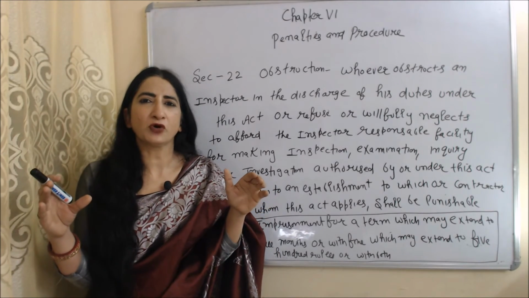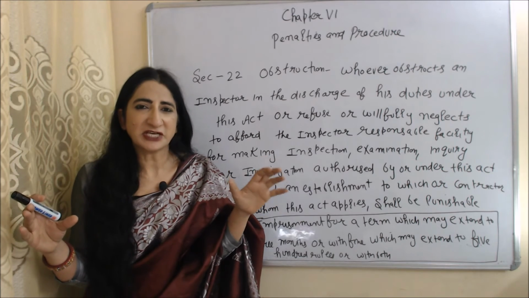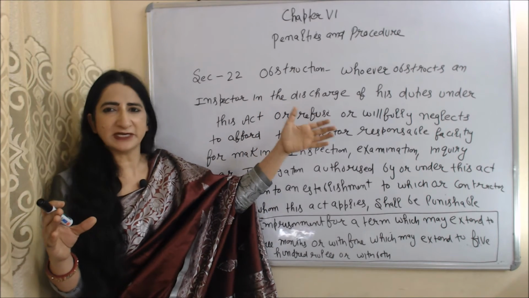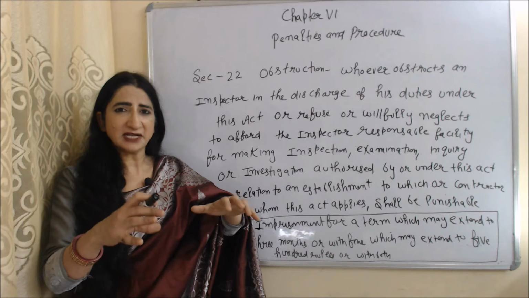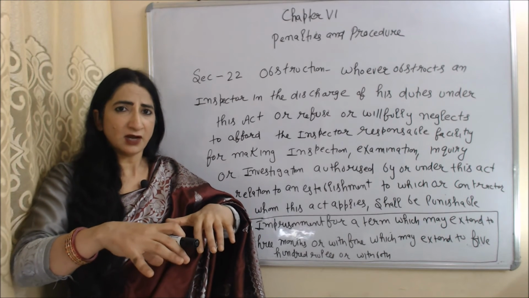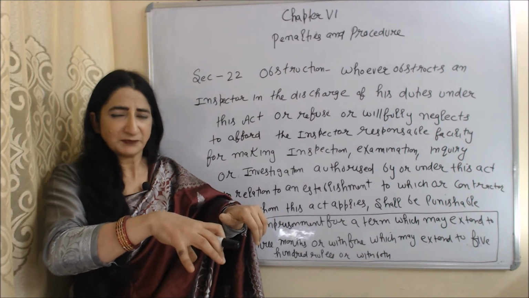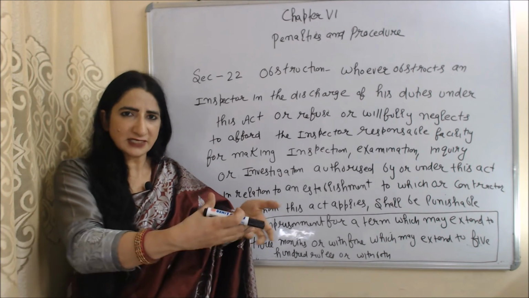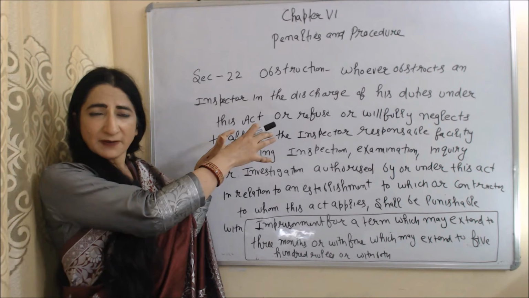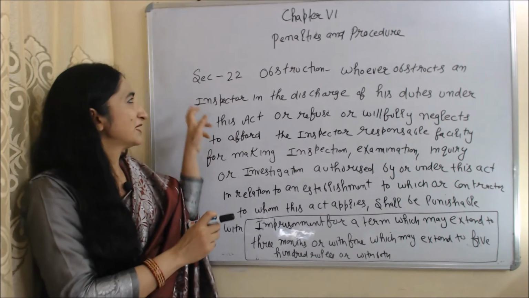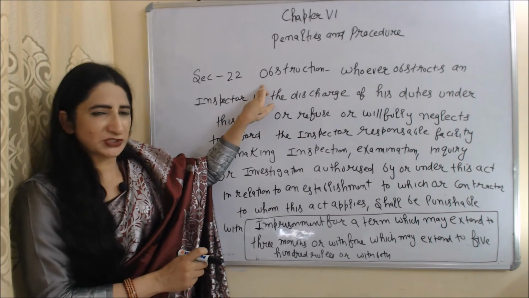Now we are going to talk about chapter 6. Chapter 6 mainly talks about penalties and procedure. There is one inspector in this act who basically does inquiries related to any issue under this act. We will study the inspector in the next chapter, but this concept is mainly related to the inspector. Section 22, obstruction.